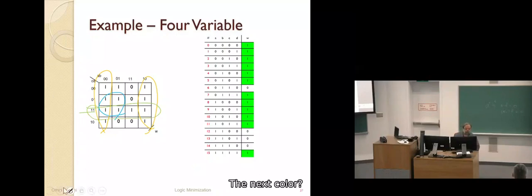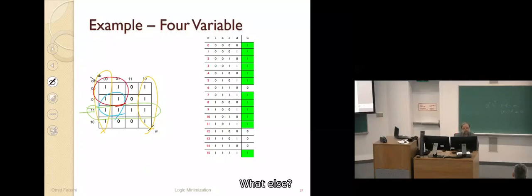The next color. For example, yes, A naught, C naught. A naught is this, C naught is this, yes, these four with red. A naught, C naught, these four. Yes, done? That's all, okay.